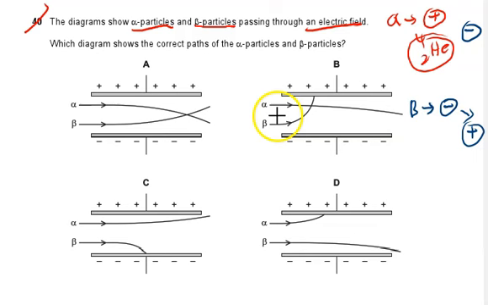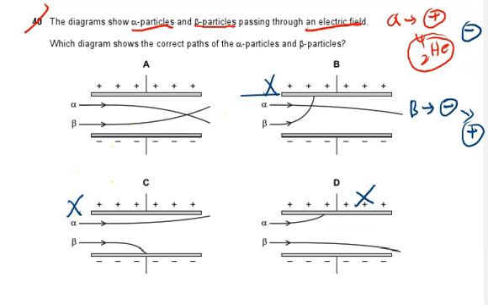So this is wrong, and you can see this part. Beta, this is also wrong. Alpha here is also wrong.